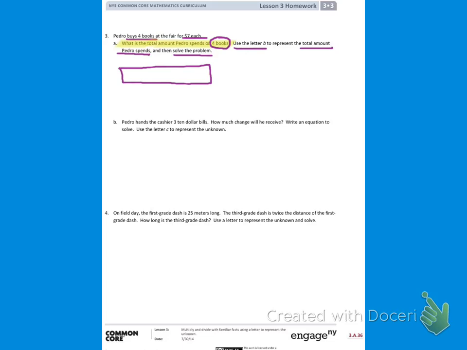I need to look back in the story to find out how many sections are in the tape diagram. I can see that Pedro buys 4 books, so I will make sure that there are 4 sections. Each of those sections has to be labeled with $7 because each represents a book that Pedro buys.